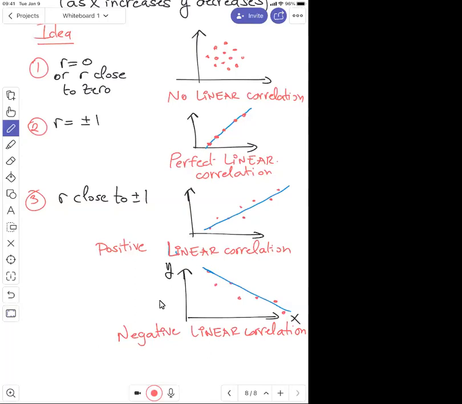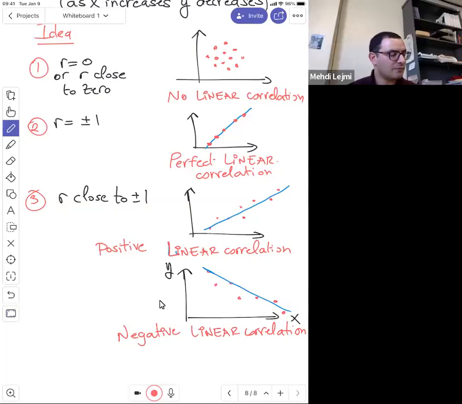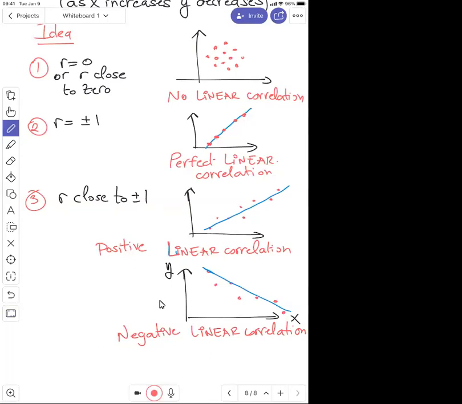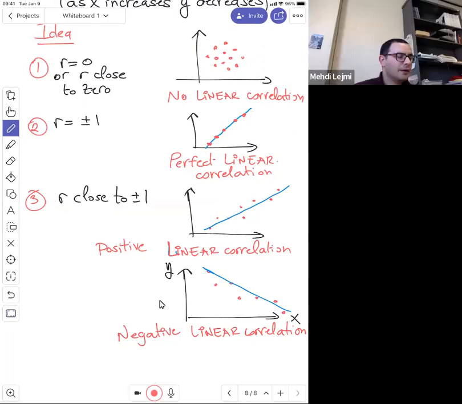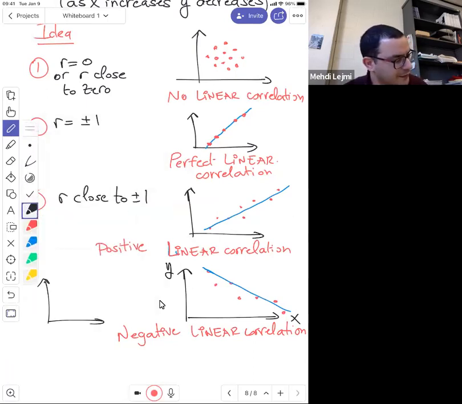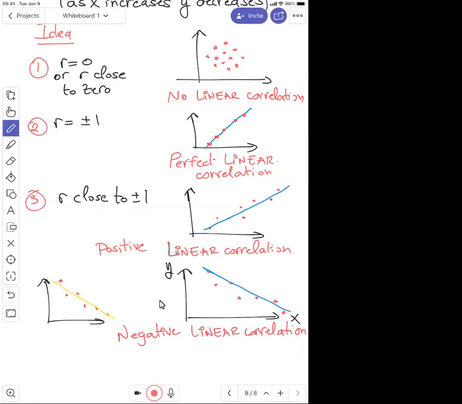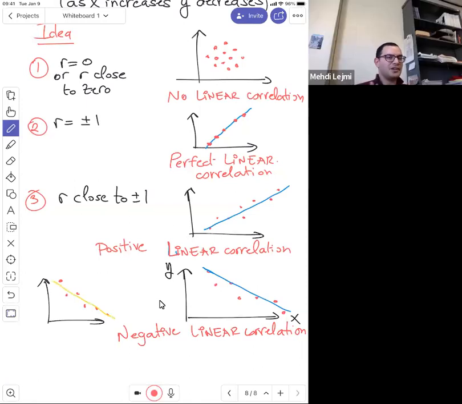No, R is going to be a number. I'm going to show you in a minute how to compute R. But all I'm saying is, for example, I have this graph with these points, and my data resembles a line. So a guess here would be to say we do have a linear correlation.